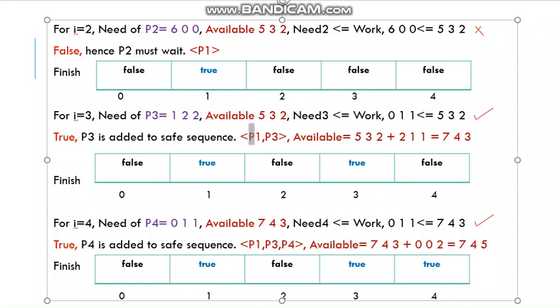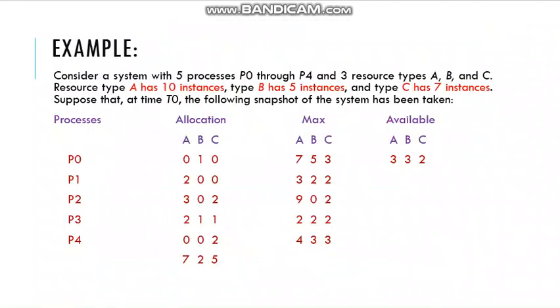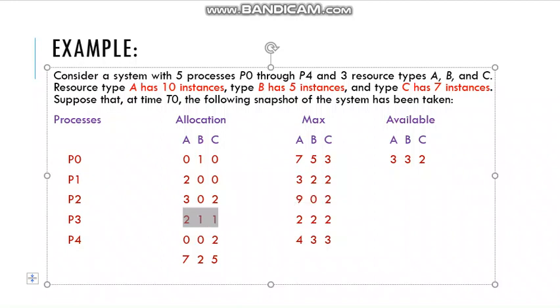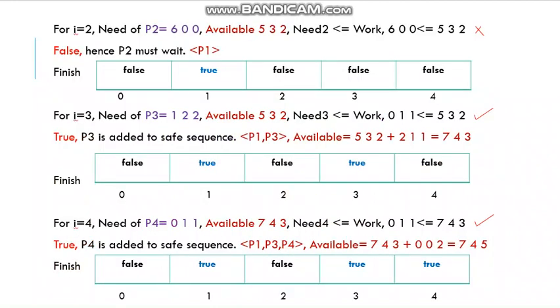Now see, after P1 you can allocate P3. So if it is allocated, meaning executed, we need to update the available. Available plus allocated of P3. If you observe, allocated of P3 is 211. So just add 211.